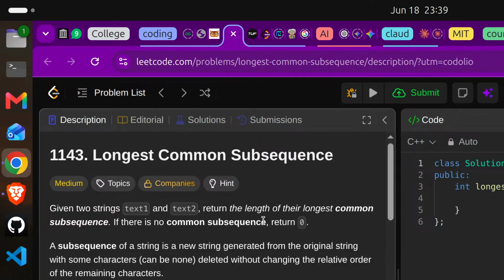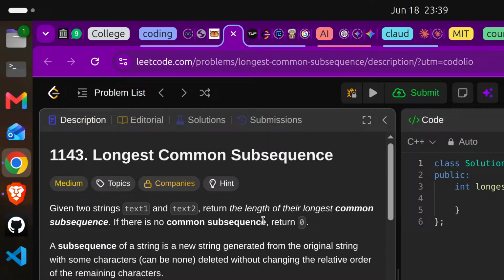Okay, let's see. Given two strings, find the length of the longest common subsequence, the subsequence that is common to the strings. I don't have the final length, I have already done that.